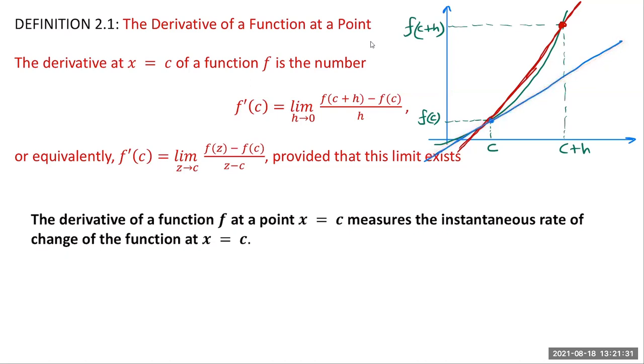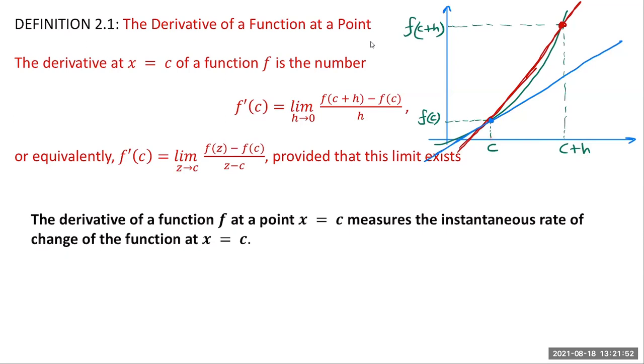What I'm going to do is approximate the slope of this tangent line by the slope of this secant line. Would that be a good approximation? Well, it will be a good approximation if you choose this h to be small. If you choose your h to be small, your c plus h will be closer to c.